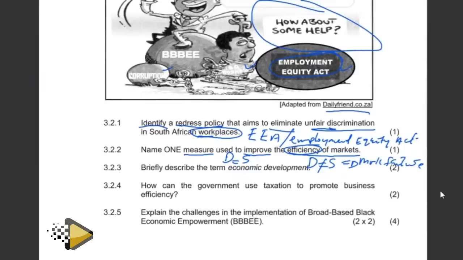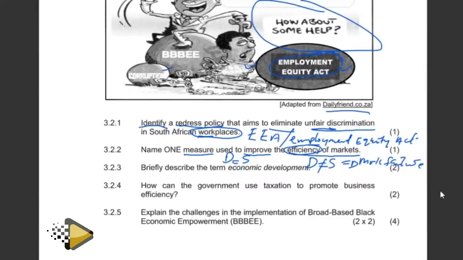Okay, right. So now let's check 3.2.3. It reads as follows: briefly describe the term economic development. Grade 12, economic development takes into account the approach towards the household. So when we talk of economic development, we should always make sure that we take the household into account.